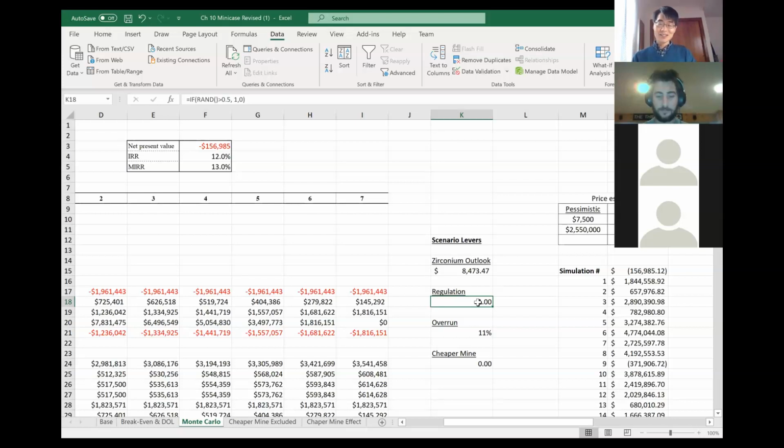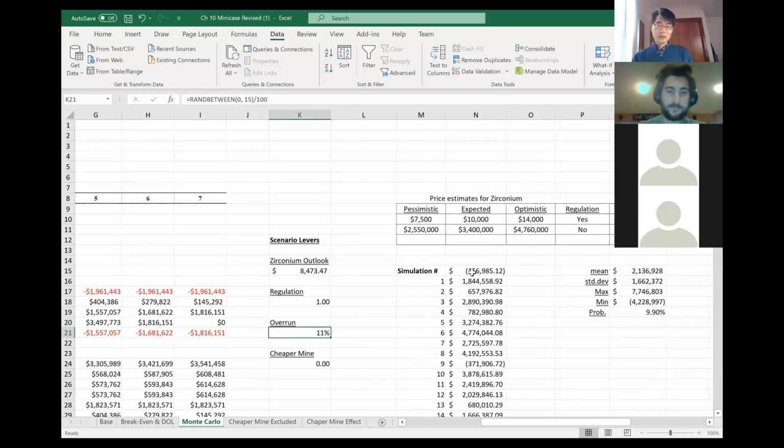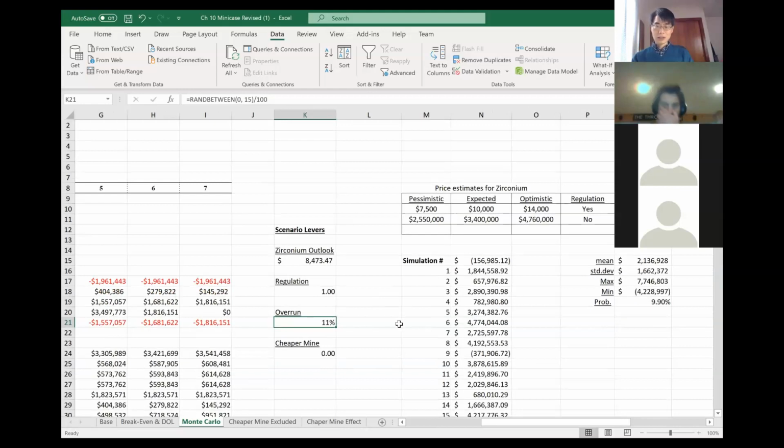So the regulation can be either 0 or 1. And the same is true for the cost overrun. In case of the cost overrun, we know that the value is between 0% and 15%. So this is any number between 0 and 15%, and so on. When we do that, Excel will randomly change these numbers according to the rule that I provided, right?